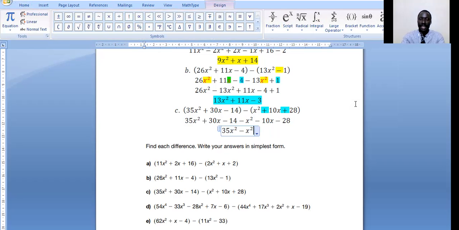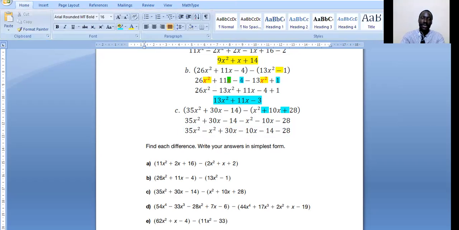Now, the next thing is to look at the terms with x, not x squared, but with x. And they are 30 and negative 10. Then the last thing we want to look at is the terms without x. That is going to be 14 and 28.